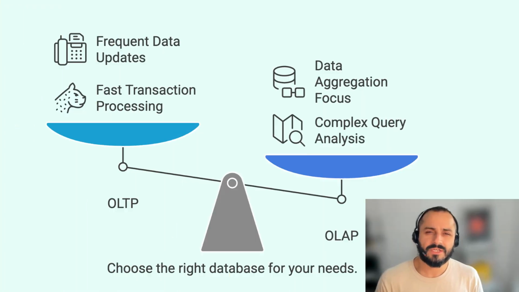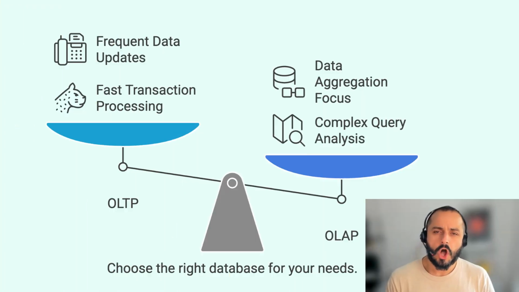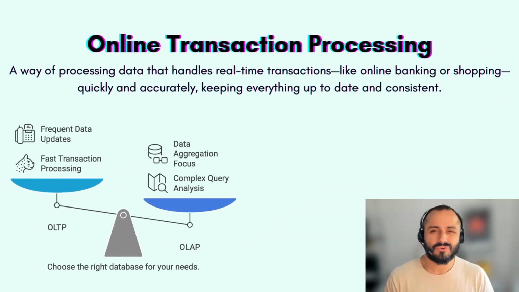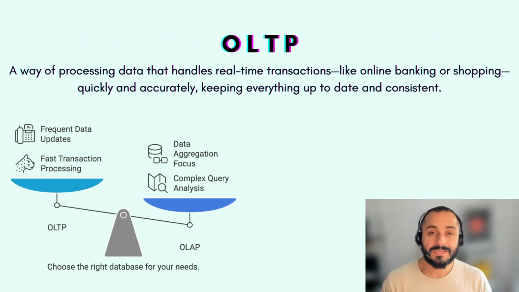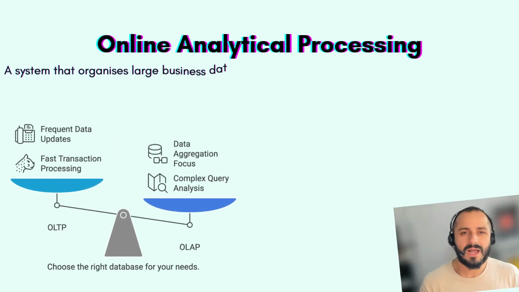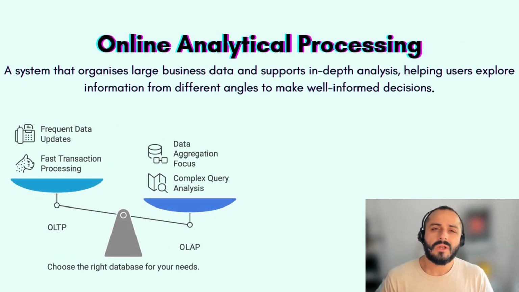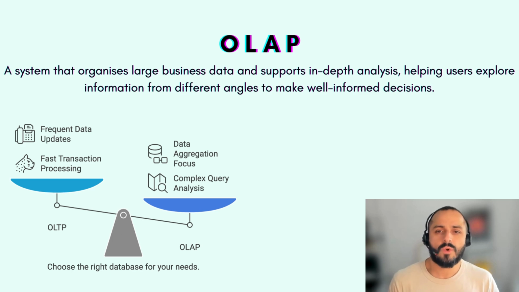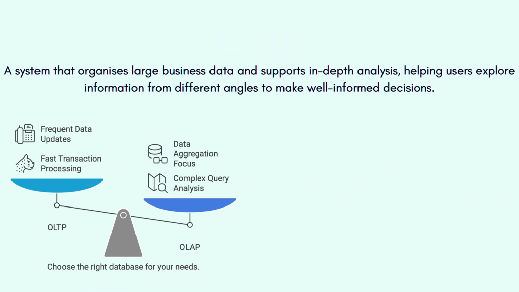Unlike your everyday transactional database, which is optimized for speedy insertion and updating of records, what we call online transaction processing, or OLTP, a data warehouse is tuned for online analytical processing, or OLAP. OLAP focuses on complex queries that help you identify trends, spot anomalies, and generate insightful reports.